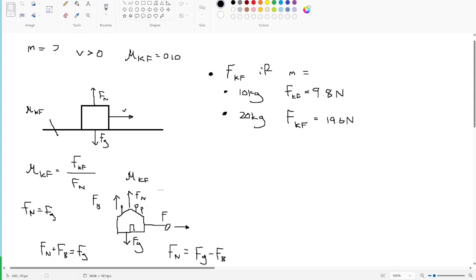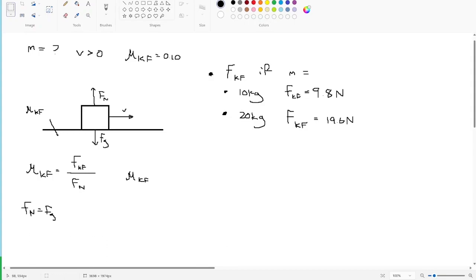And in that way, because this is lighter, this then becomes easier to move. I said all that just to make the point that as force normal increases, the force of kinetic friction will also increase. If this decreases, then the force of kinetic friction will also decrease. It scales with force normal.